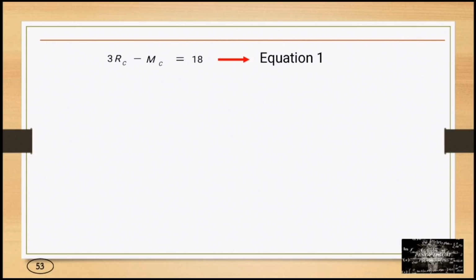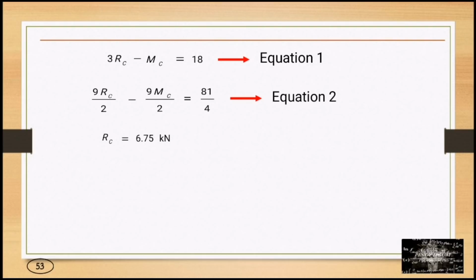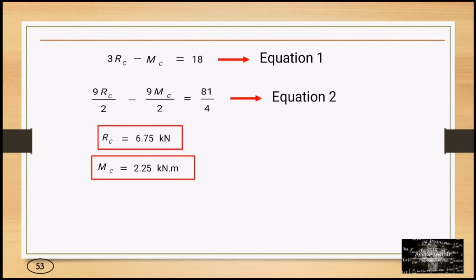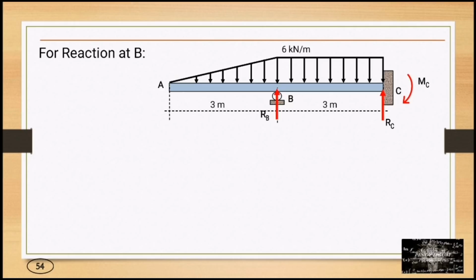Our summary for equations, using calculator: RC is equal to 6.75 kilonewtons. Then for MC, we have 2.25 kilonewton meter. Then for reaction at B, let's go back to the original beam.